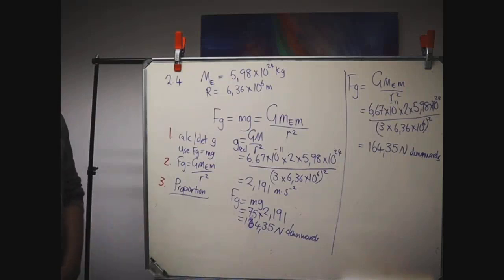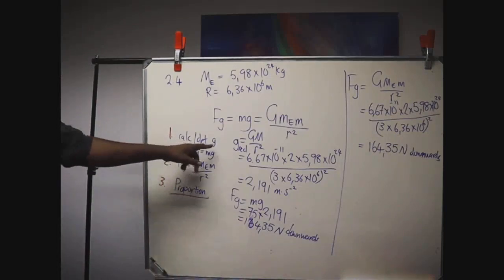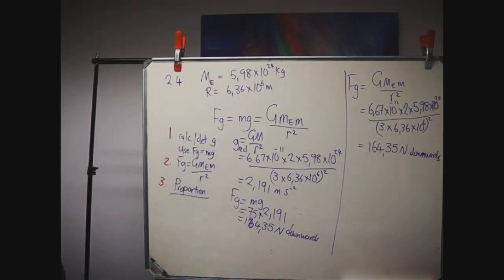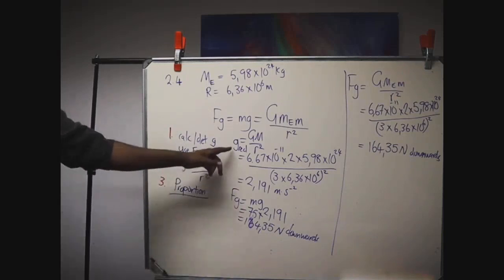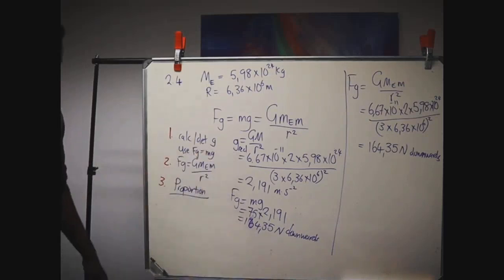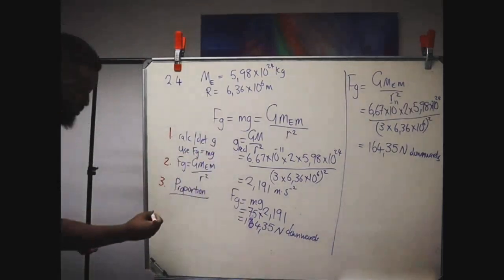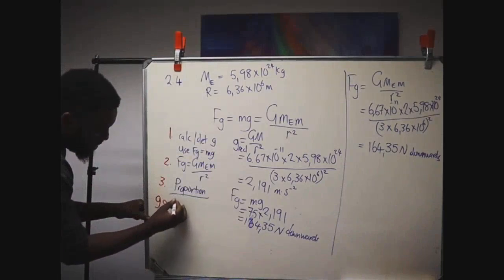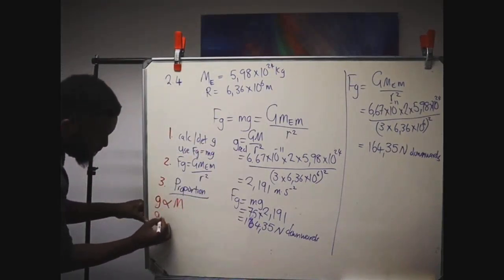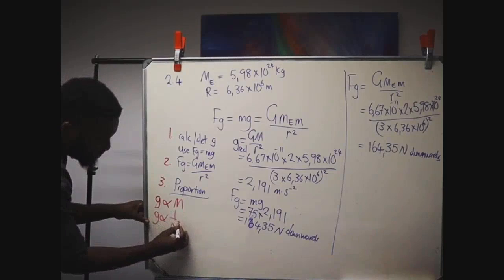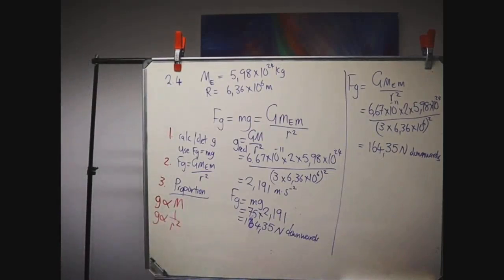What if I was to use a proportion technique and say, well, instead of calculating little g, I can determine little g. Why? Because the little g has a relationship with the big M, and a relationship with the R. So g is directly proportional to the mass.